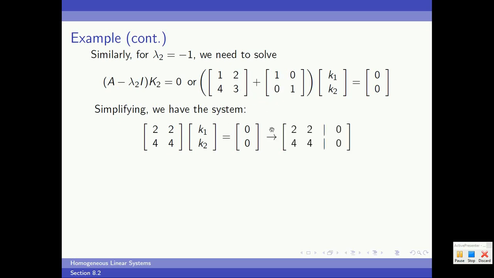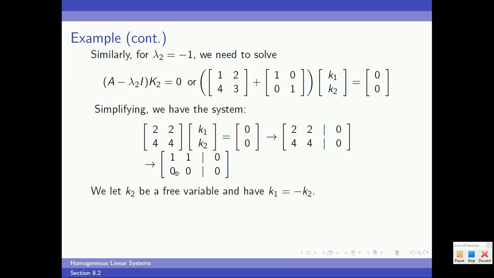So again, putting it in augmented form, notice that I can take negative 2 times this one, add it to this row, and I get zeros down here. I can divide by the 2's, and I get 1's up here. So K2 is again a free variable because I don't have a leading 1 here. So my K2 is free. This says that K1 plus K2 has to be equal to 0. Solving that, K1 has to be negative K2.